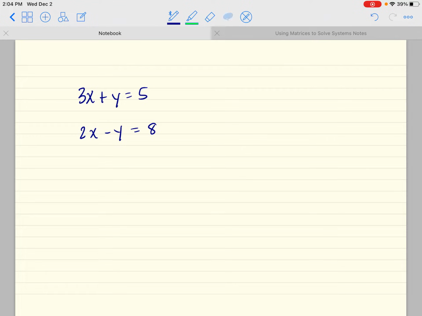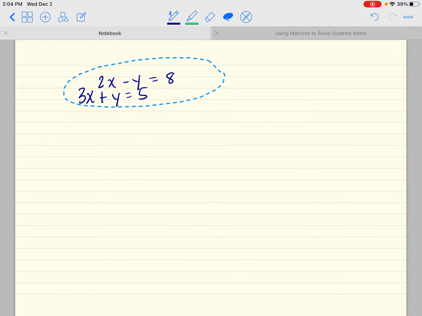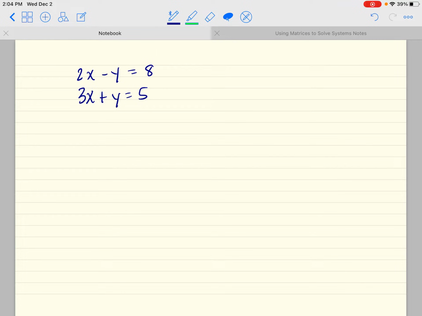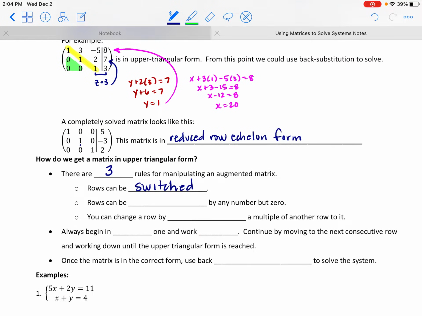If I wanted to, I could take the second equation and put it on top of the first one. I haven't changed a thing. It's the exact same system. I just relocated the second equation and made it first. That is a legal move here. So if I wanted to, in a matrix, take an entire row and move it, I could absolutely do that. Okay, so that's one of the rules.